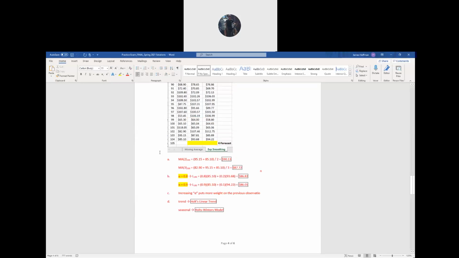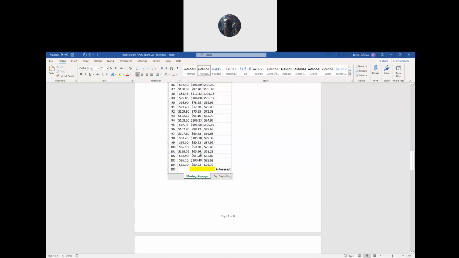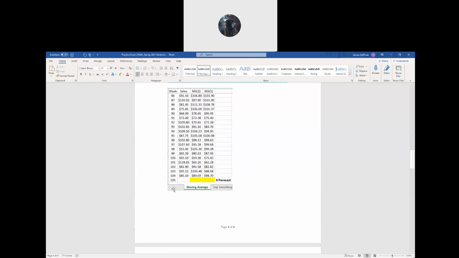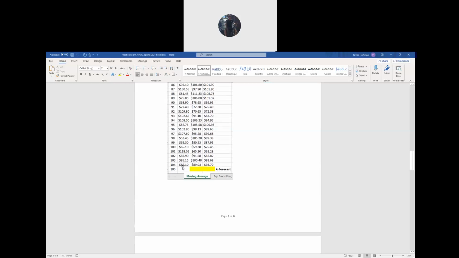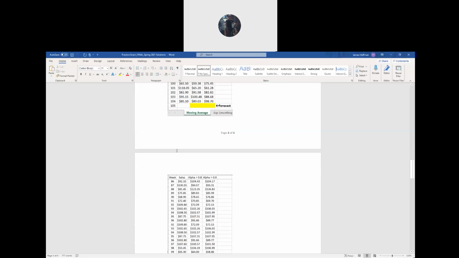All right, that's a moving average of 2. So for MA2 for week 105, just take the average of the last two, which is week 103 and week 104. So you want the average of 95.15 plus 85.10.